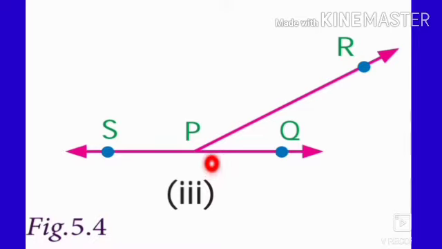Okay, are you clear? So what is supplementary angle? If the sum of two angles is 180 degree, then the two angles are called supplementary angles. What is linear pair of angles? If two adjacent angles are supplementary, then this pair of angles are called linear pair of angles.